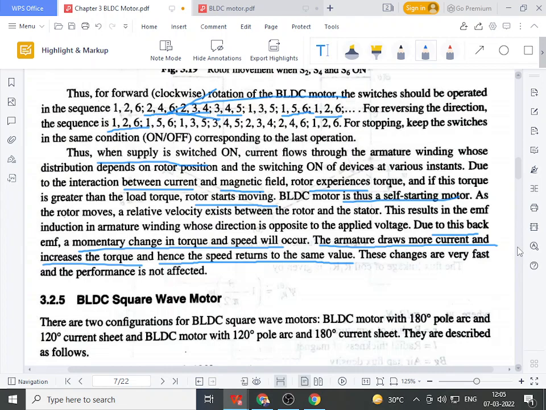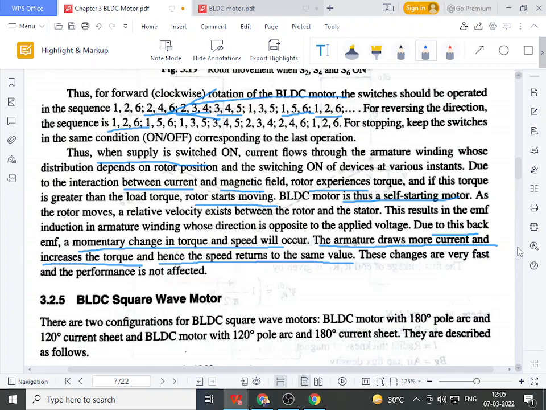In a conventional DC motor, back EMF EB is equal to P phi Z N divided by 60 A. P phi Z N divided by 60 A is the back EMF. So EB is proportional to speed. So if speed decreases, EB also decreases.